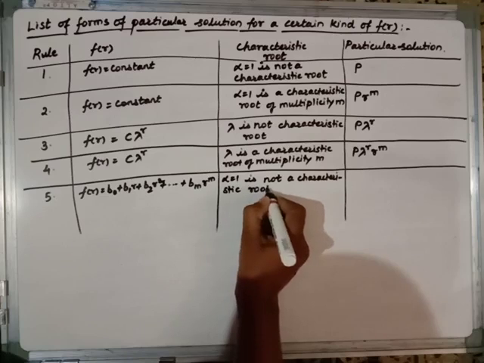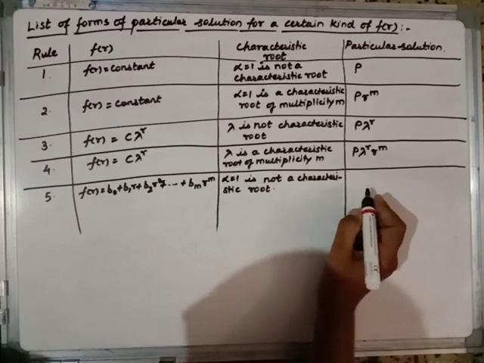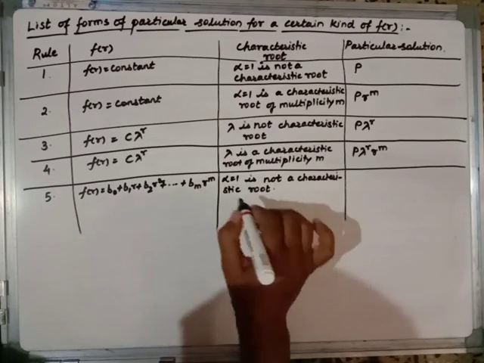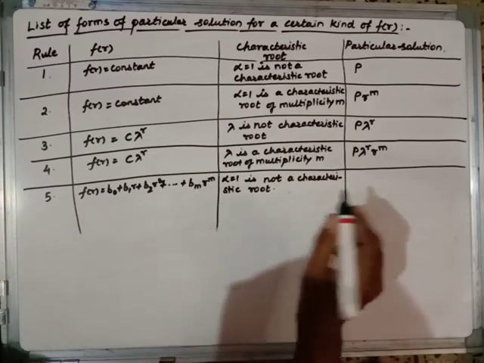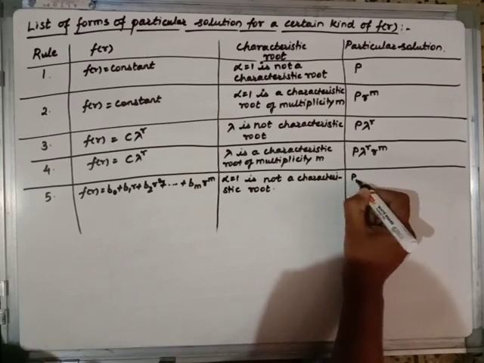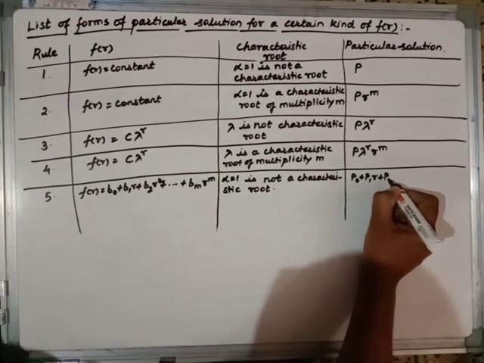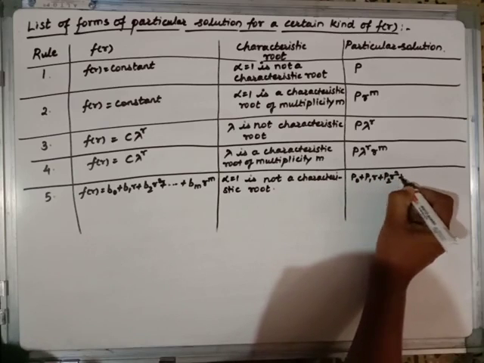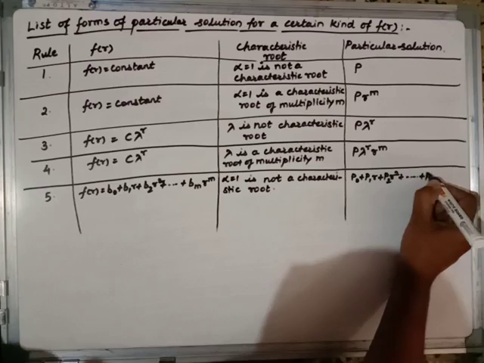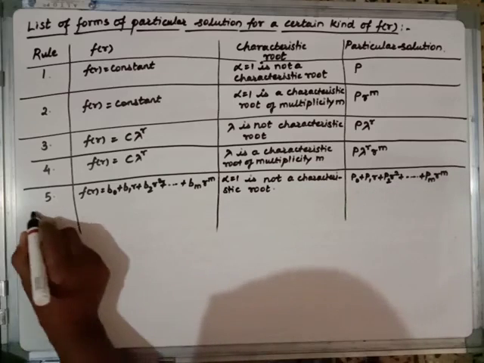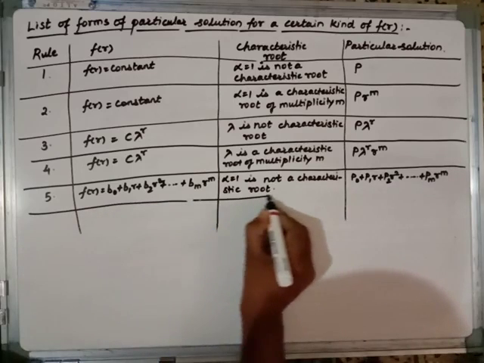That time, simply these bi's are replaced by new constants, and that will be our particular solution: p0 plus p1r plus p2 r square plus so on up to pm r raised to m. This is the fifth rule.